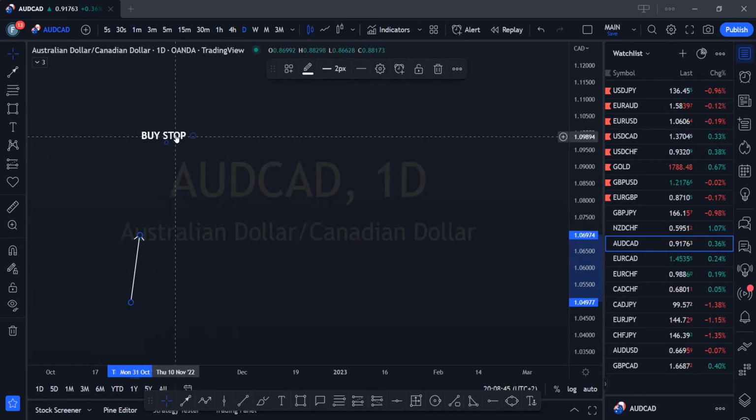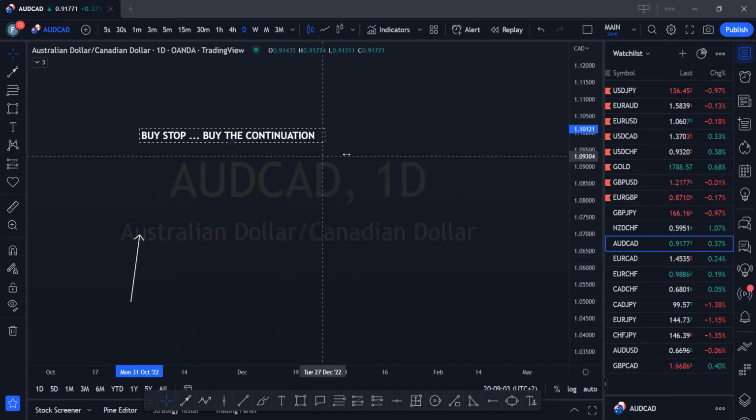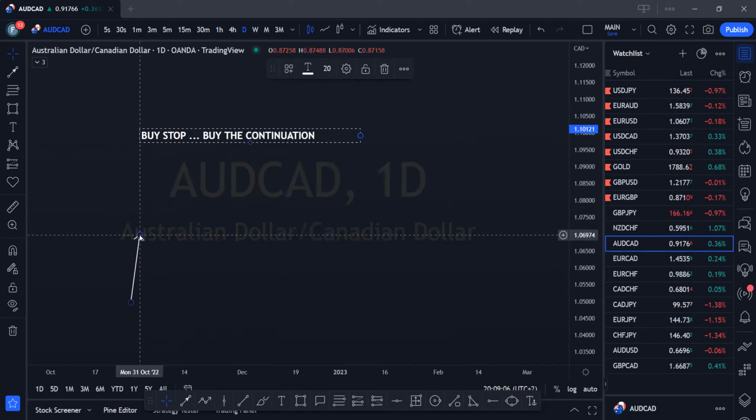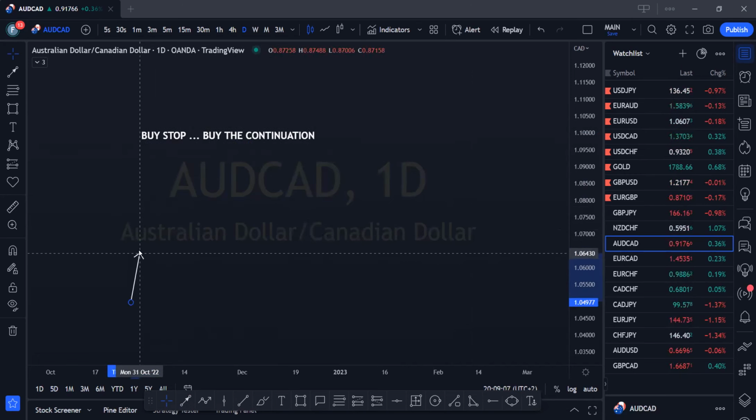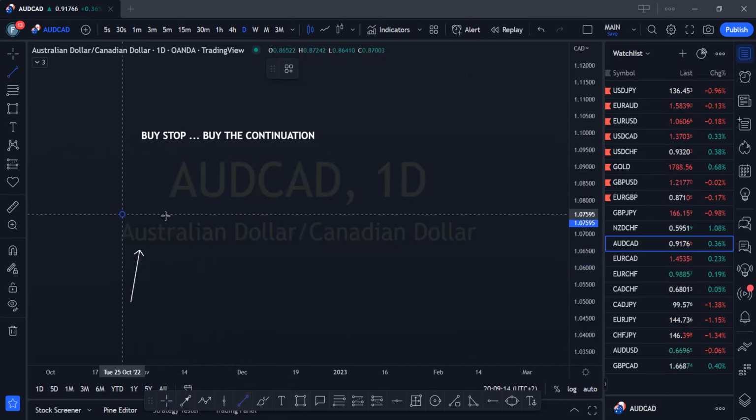And then what does stop mean? I said stop means continuation. So buy stop means I want to buy the continuation. So if price is going up, buy stop is based on your analysis. Maybe you feel that price is going to come to somewhere here.